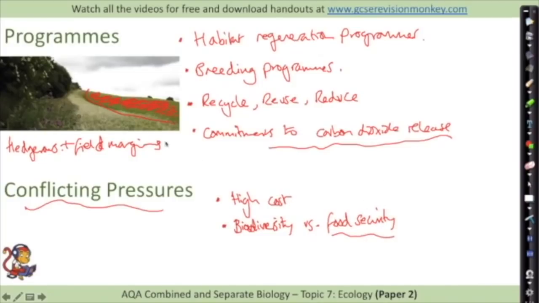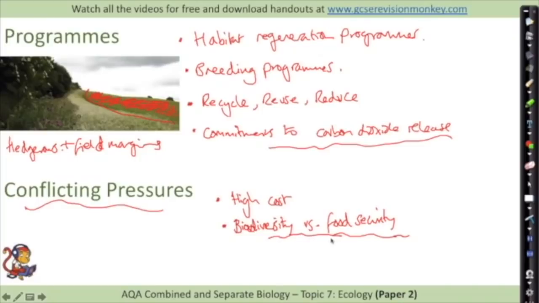And you can imagine, for example, the idea of these field margins would have a very close debate between the need for these field margins for biodiversity, but also the fact that they take away from an area where you could grow crops, so it could be affecting our food security in the future.